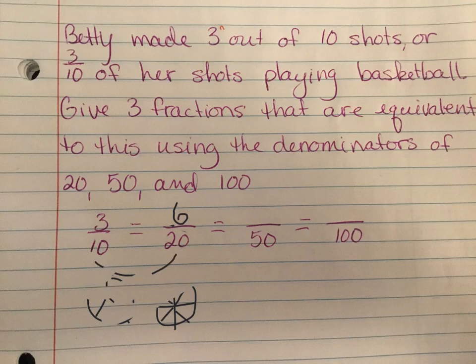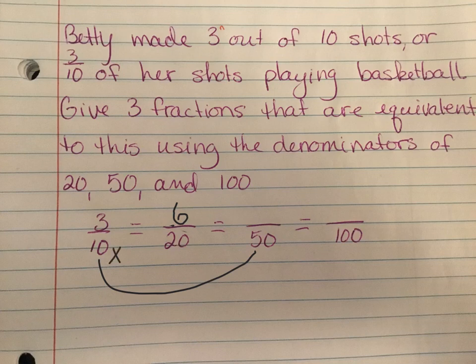Well, to go from there, I need to get to 50. I'm going to go back to my original fraction of 3 over 10, and I'm going to think, 10 times what gets me 50? Well, if 10 times 2 got me 20, 10 times 5 is going to get me 50. And then I have to do the same thing up top.